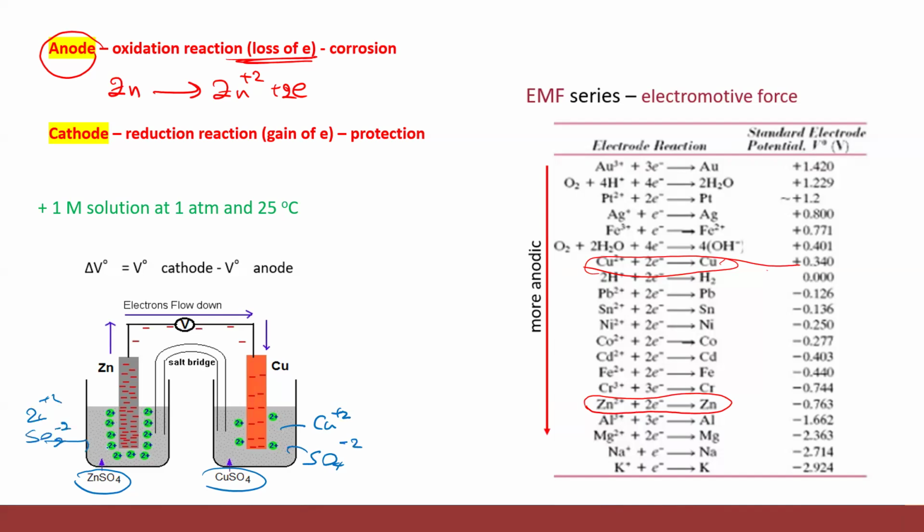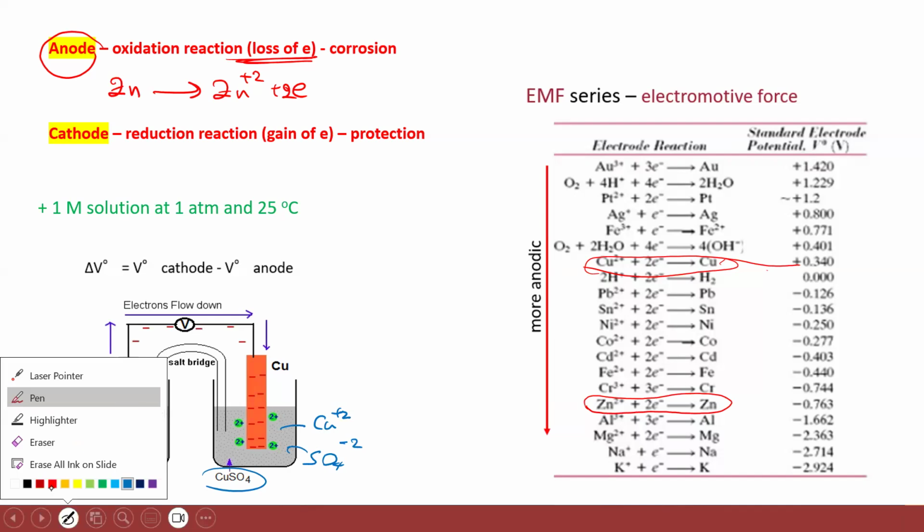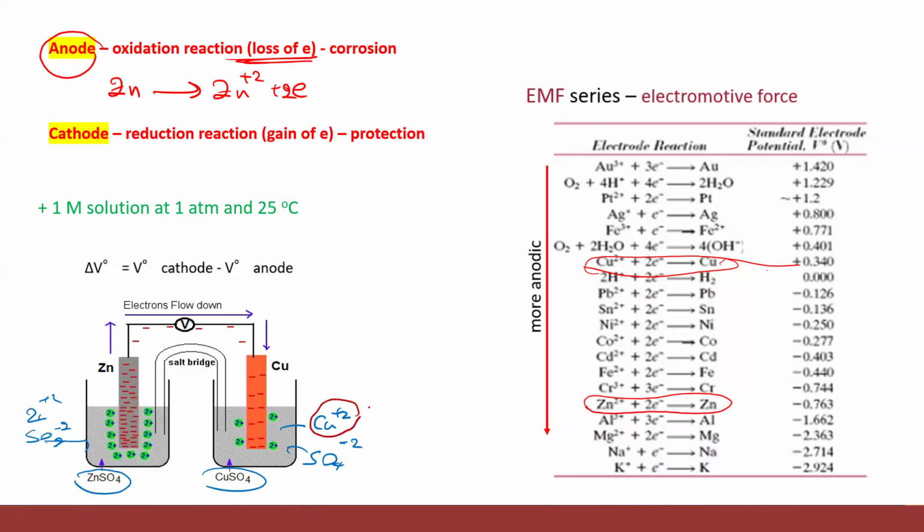What is happening is it's gaining electrons. That means these copper ions are gaining electrons. The copper ions in the solution are gaining the 2 electrons which were removed from the zinc, and they become copper solid. Do you understand what I mean? You can see in the anode, zinc solid is becoming a solution.